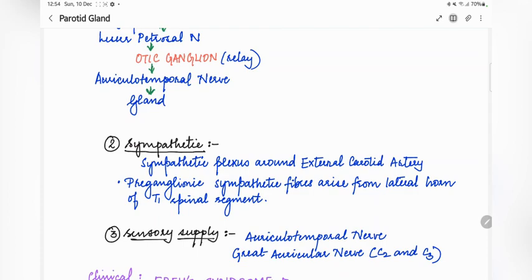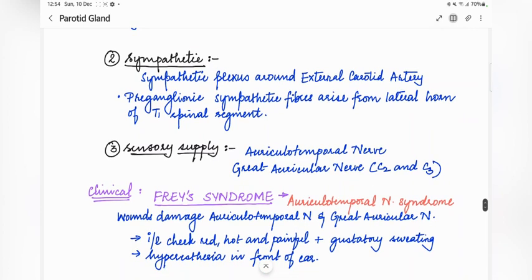The clinical correlation to remember here is Frey syndrome, also known as the auriculotemporal nerve syndrome. Sometimes wounds of the gland may damage the auriculotemporal nerve as well as the great auricular nerve. We know the auriculotemporal nerve contains parasympathetic, sensory, and sympathetic fibers. The great auricular nerve contains sensory and pseudomotor fibers.